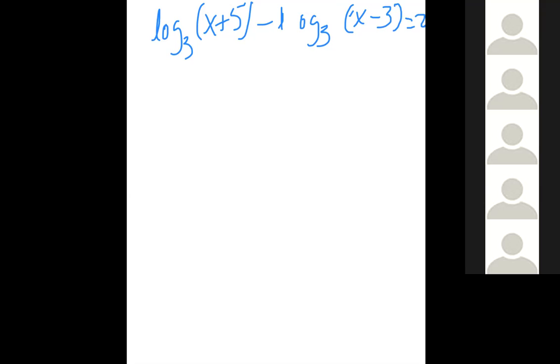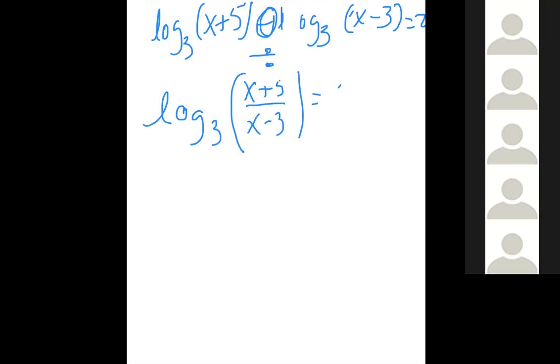So on this one, we have subtraction. Subtraction becomes division. So we're going to condense the left side, so it becomes log base 3 of x plus 5 divided by x minus 3 is equal to 2. Now, this one right here, guys, is number 9.